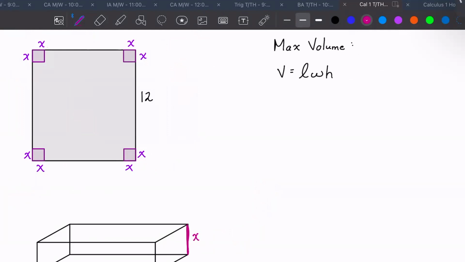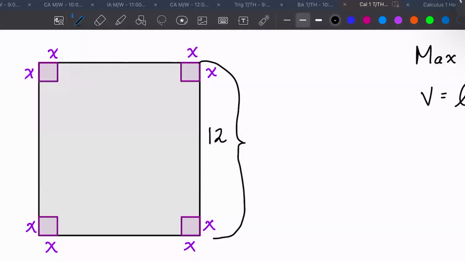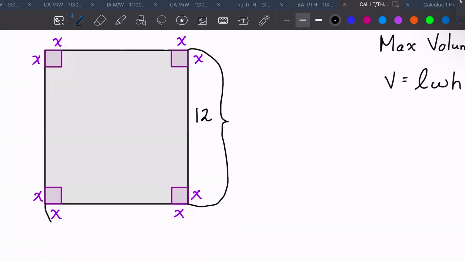But let's look at the length, the width, and the height of what we actually have going on here. This whole thing is 12. But I'm cutting those X's out. So I'm going to do it on this side too. That's 12.